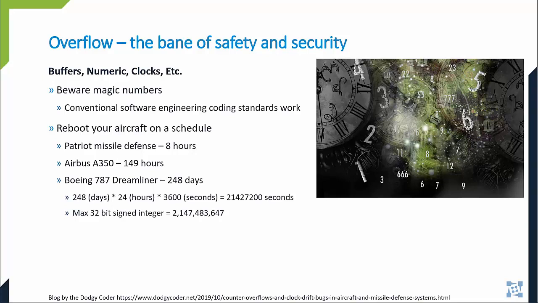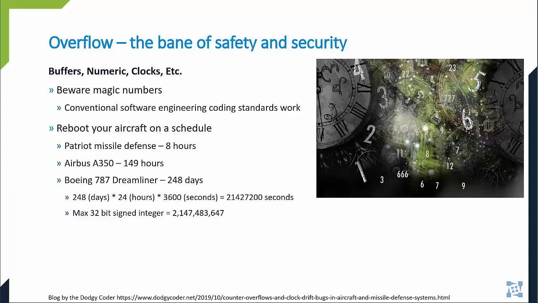I didn't do the calculations to see exactly which particular kind of overflow it is, but the Dreamliner one was just fun because if you calculate the 248 days times the 24 hours times the 3,600 seconds, which is the number of seconds in an hour, right? Like 60 times 60, then you get this 21,427,200, right?